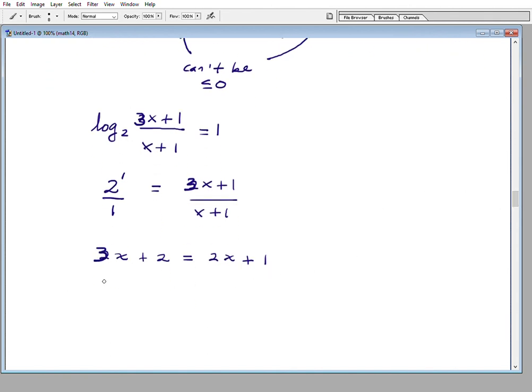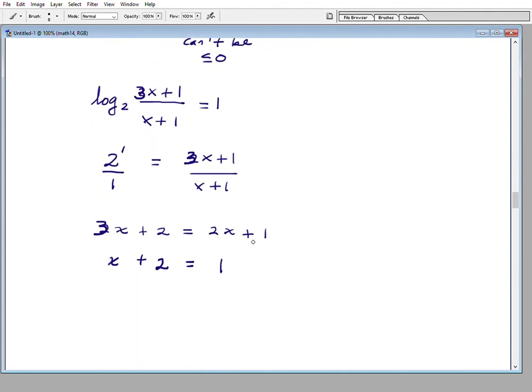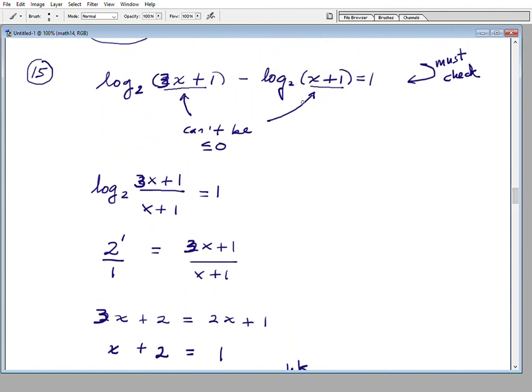Okay, subtract 2x from both sides, and we have x plus 2 equal 1. Just subtract 2x plus 1 from both sides. Let me make sure I did that here. Yeah, I changed everything to 3. Okay, subtract 2x from both sides, x plus 2 equal 1. And subtract 2 from both sides, x equal minus 1. Okay, and now we have to check. We just have to make sure that x equal minus 1 doesn't make this 0 or negative.